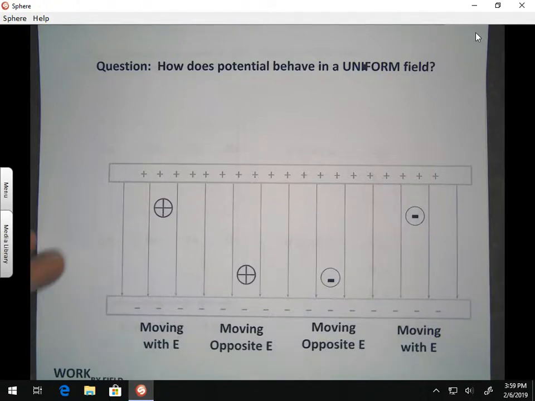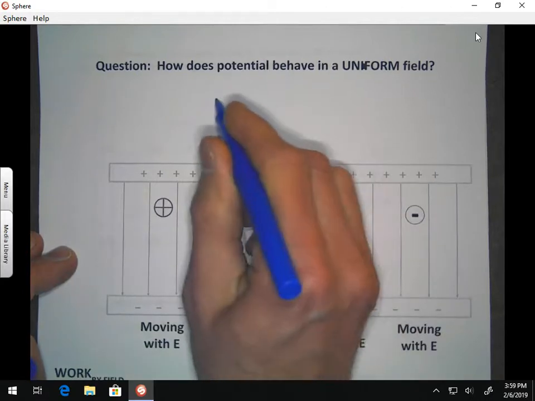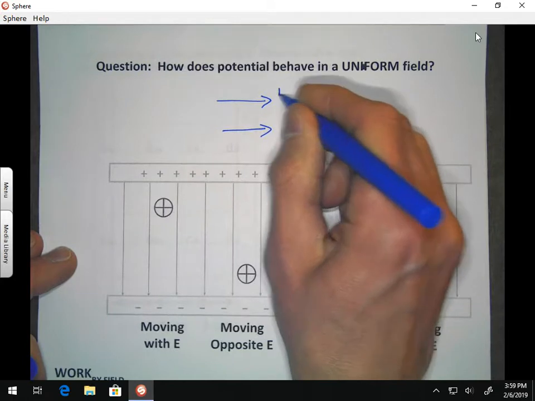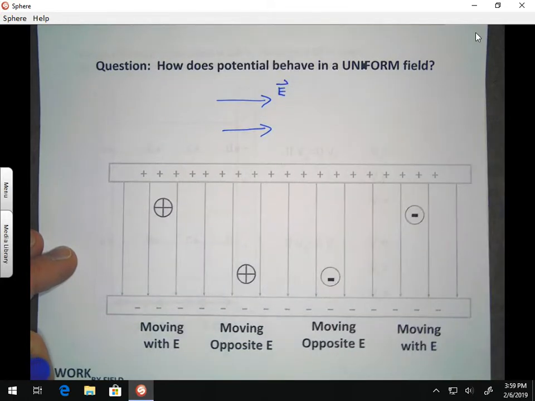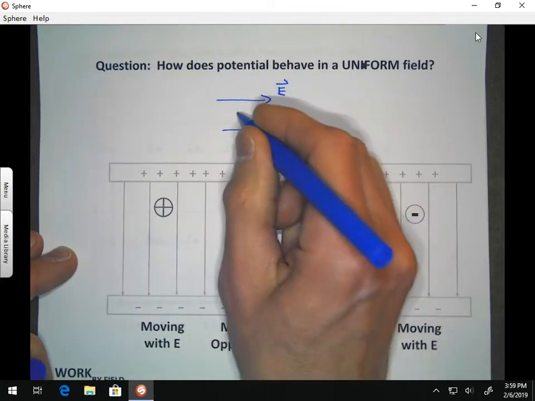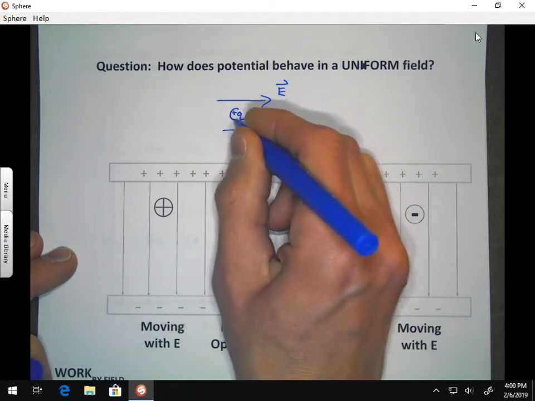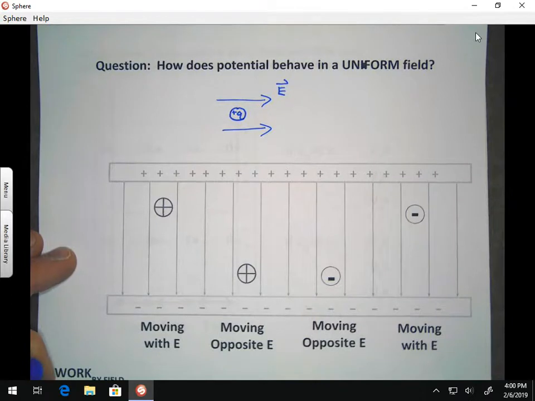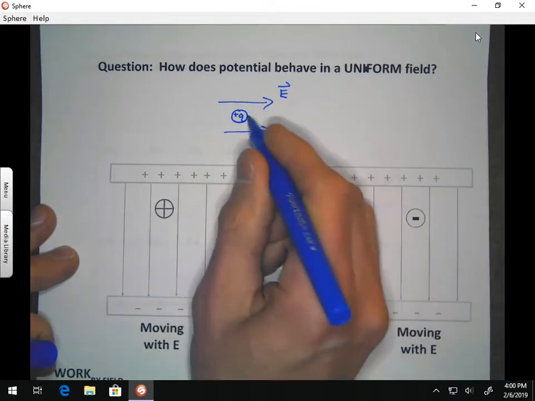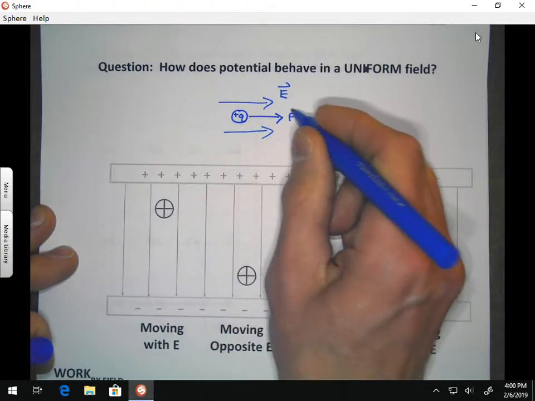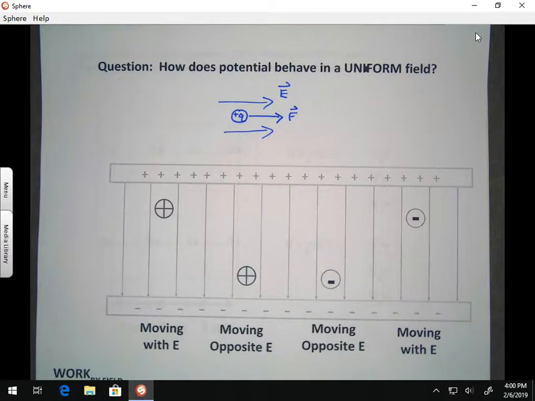So I'm just going to remind you that if you have a uniform E field, and you place a charge into it, say plus Q, that charge is going to experience a force which is always going to be pointing in the direction of the electric field.